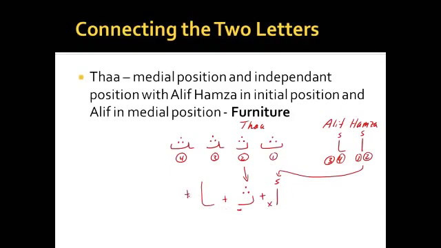And finally, we have the tha, because the last letter in this word is tha. You hear the tha at the end. So that is going to be an independent tha. Why won't it connect here? Because this alif here, remember, doesn't connect to what comes after it. So the tha can't connect here, but it's still going to be part of the word.